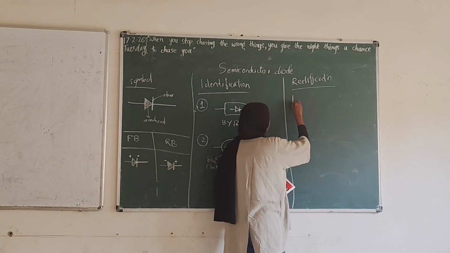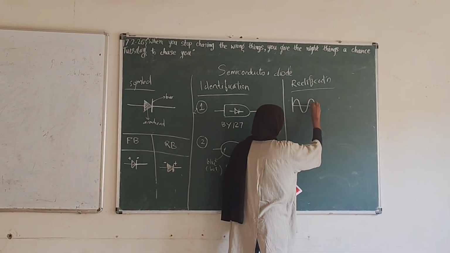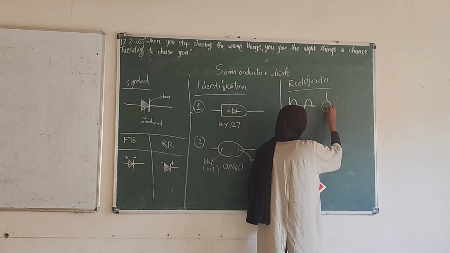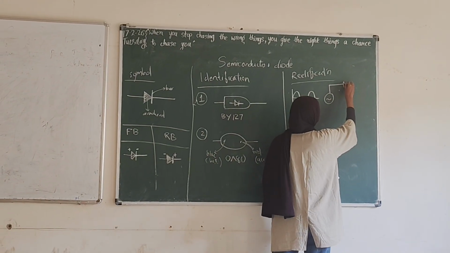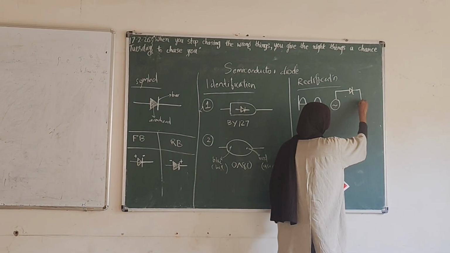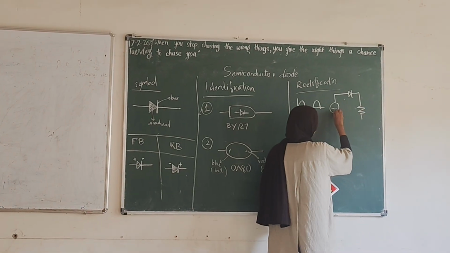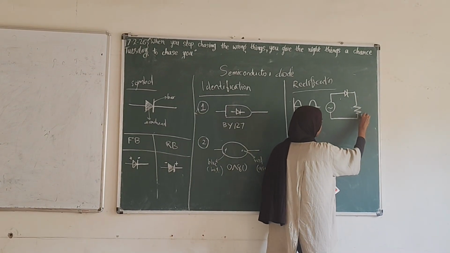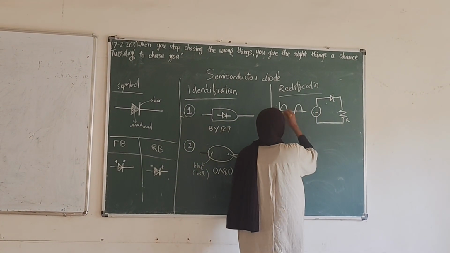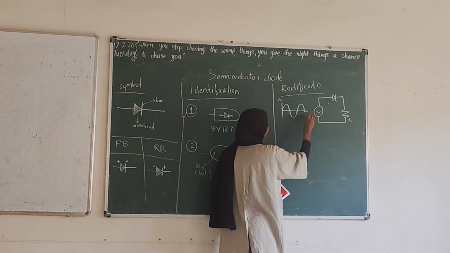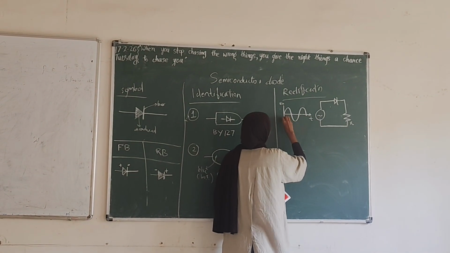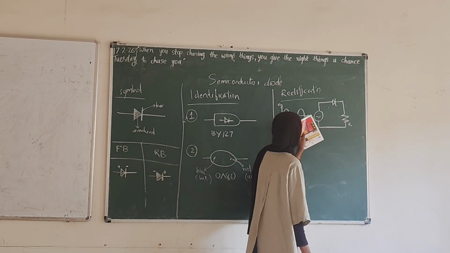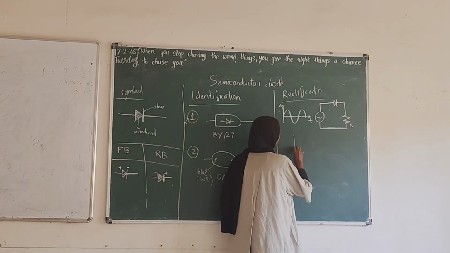We have a voltage input like this, and we have a circuit of an AC supply, a diode, and a load resistor. If we apply a voltage input in the circuit, we will get an output like this.